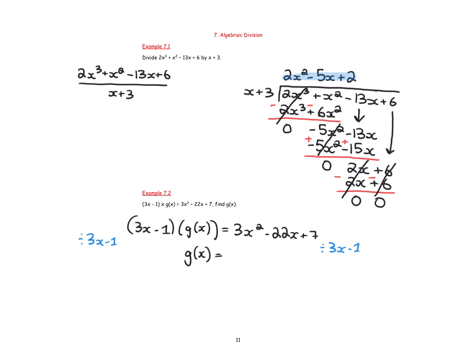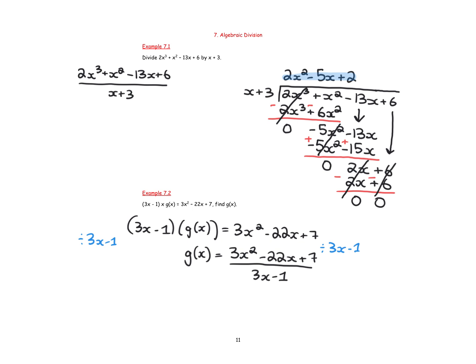What happens then is we end up with 3x squared minus 22x plus 7 divided by 3x minus 1. When we're left with something like this, we can find g of x with long division.